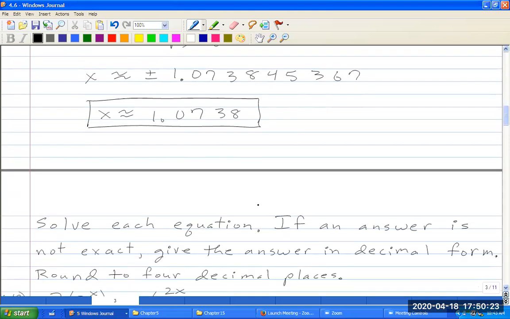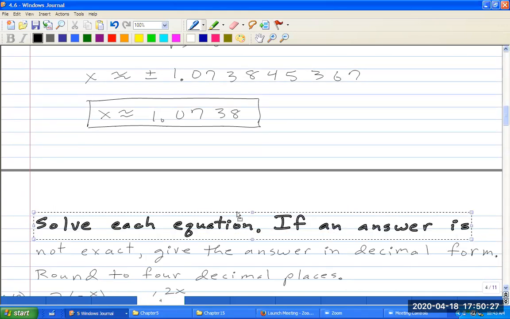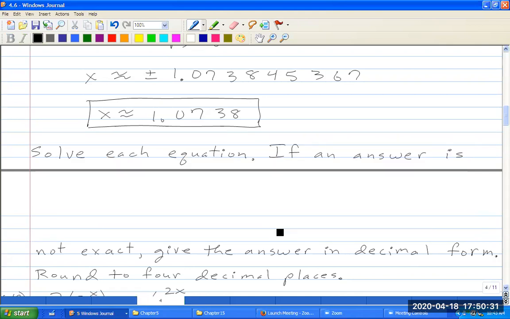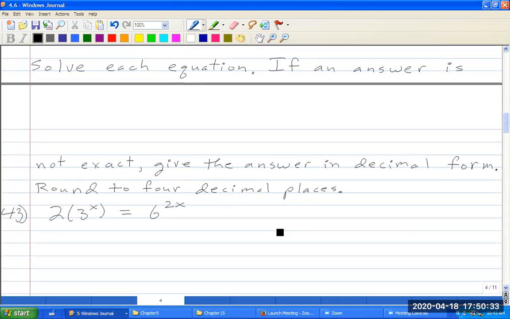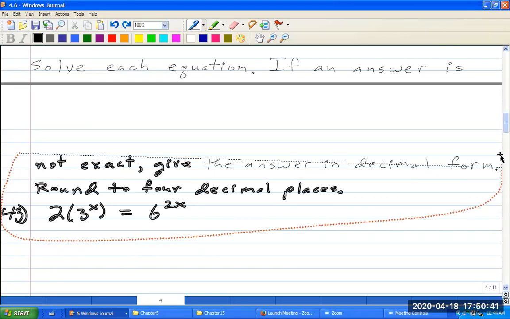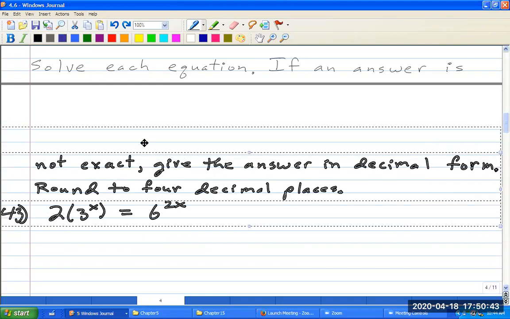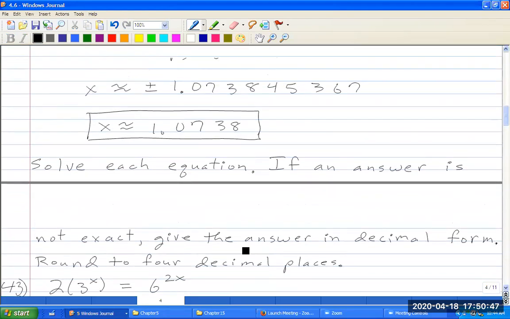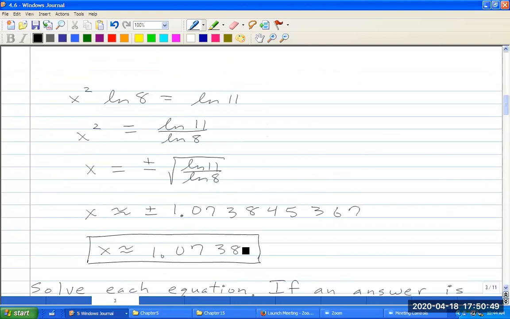Let's do the next. Solve each equation. If an answer is not exact, oops. I have a question. Yes. So whenever we take the square root of a log, like the natural log, is the answer always going to be positive, or is it going to be plus or minus?